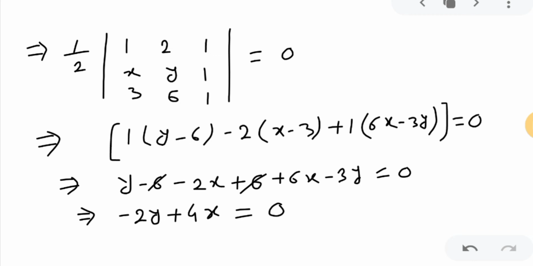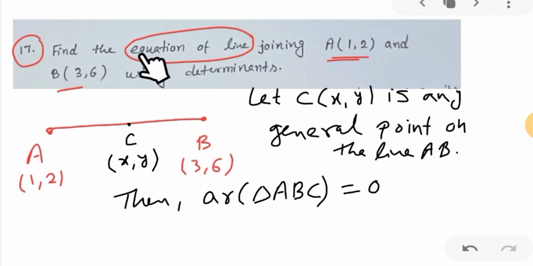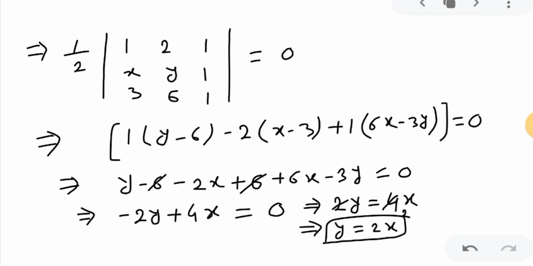So 2y is equal to 4x, correct? Dividing by 2, y is equal to 2x, and this will be your required equation of the line. The question is asking for the equation of the line, so you will write y is equal to 2x.